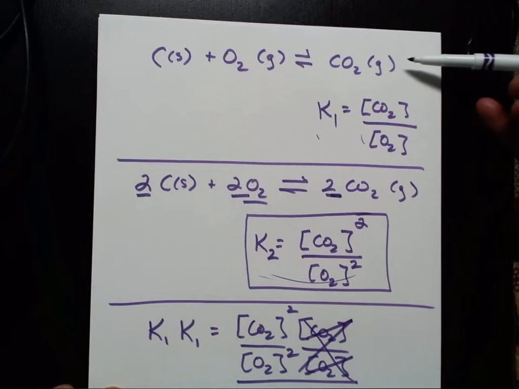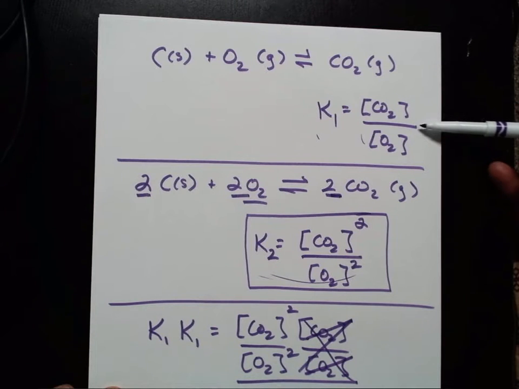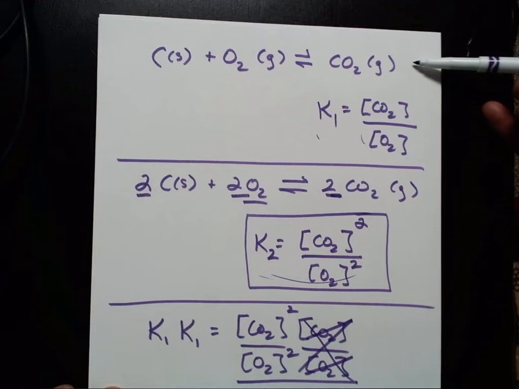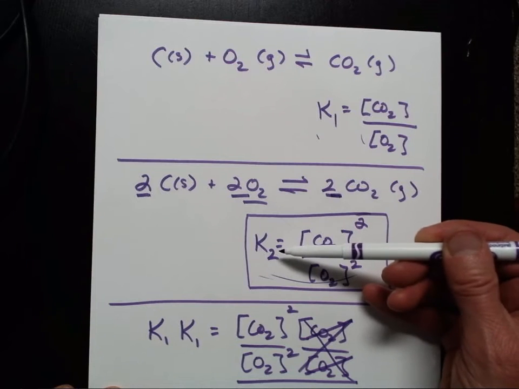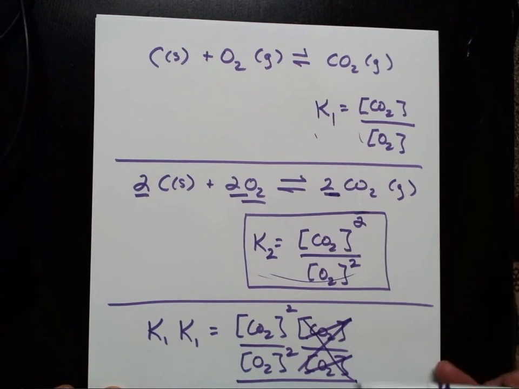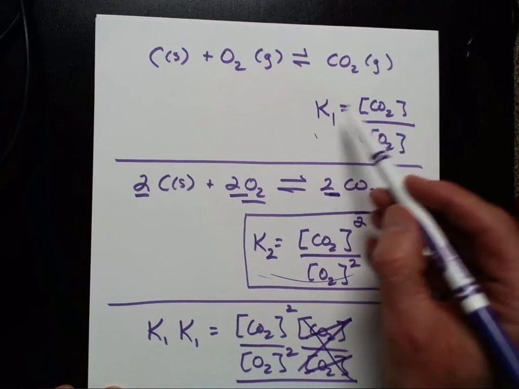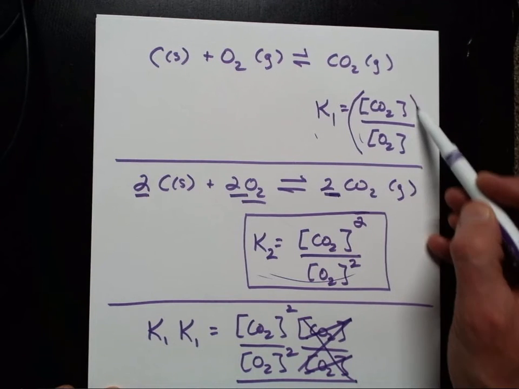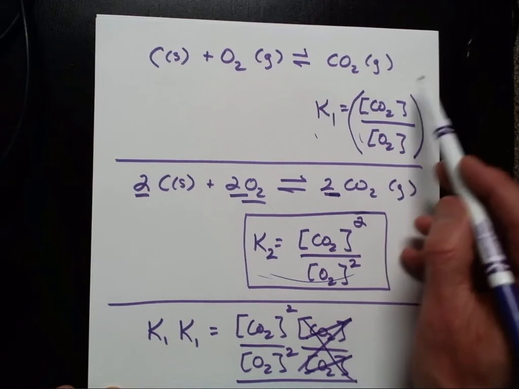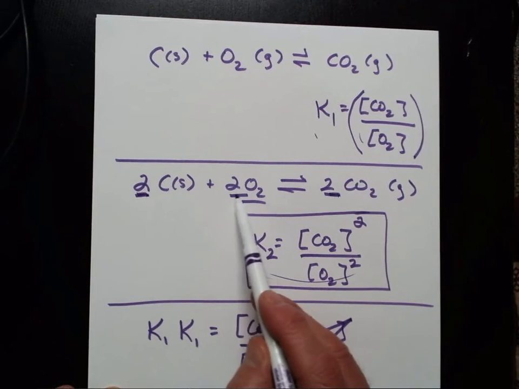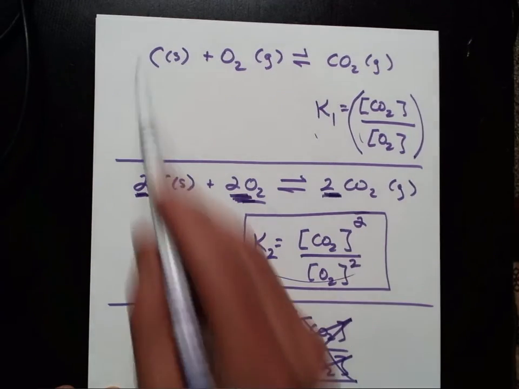So let's look at this one more time. This equation has this equilibrium constant. I doubled this equation to get this one. And if we want the equilibrium constant for this second equation, what we can do is take the first equilibrium constant ratio and raise it to the power of however much we multiplied the original equation by.